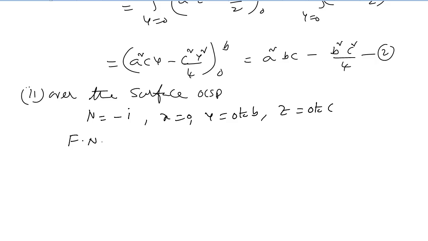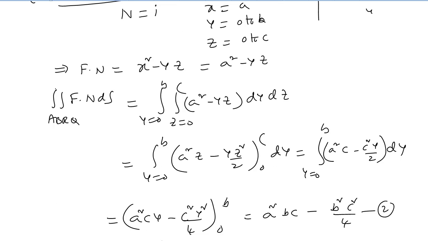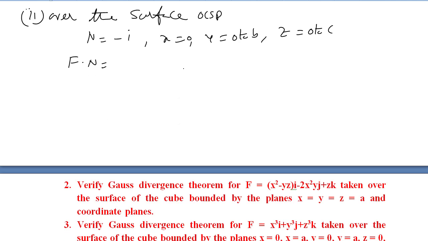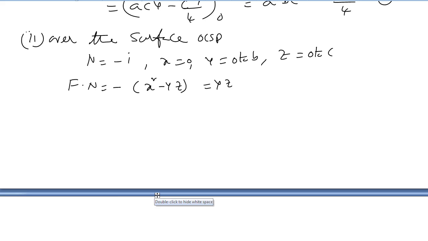f dot n equals, as discussed previously, with negative sign, minus x square minus yz. Already x is 0, so yz. Now integration.